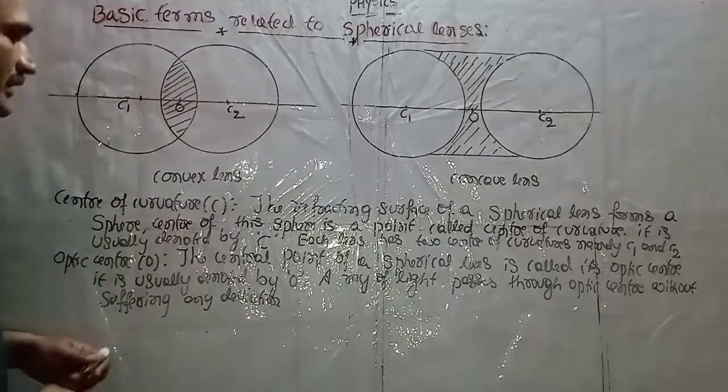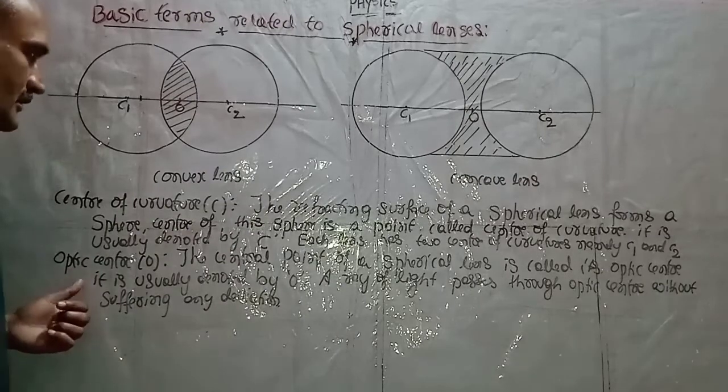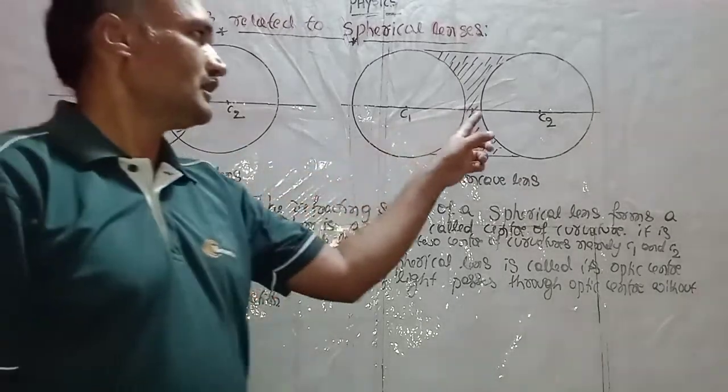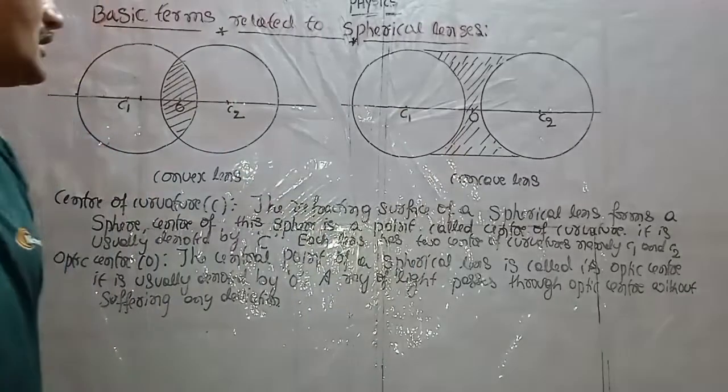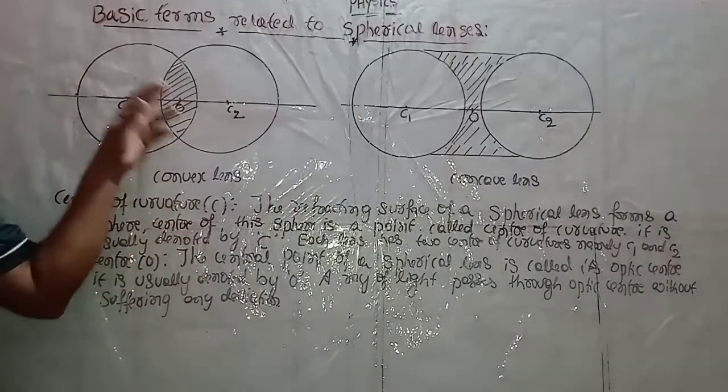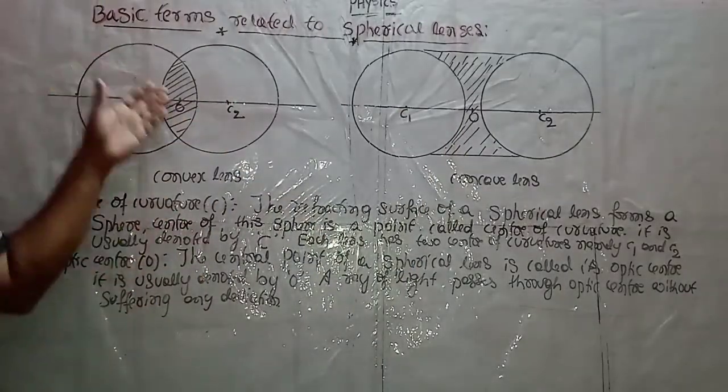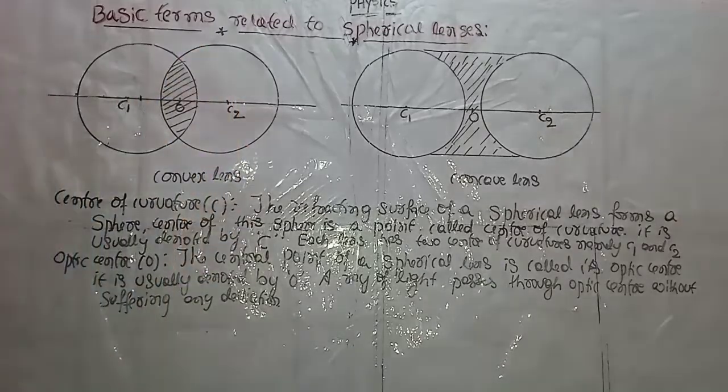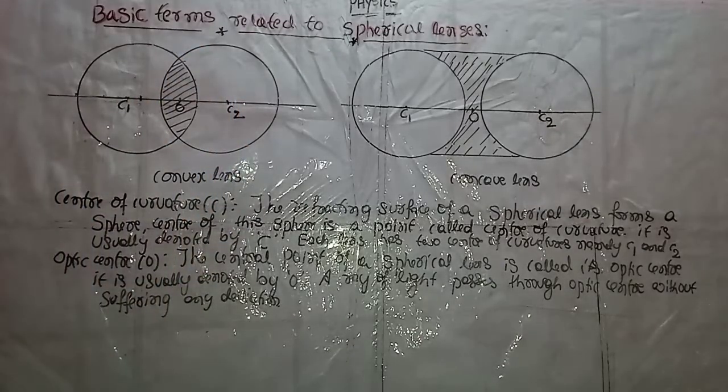The central point of the spherical lens is called the optic center.